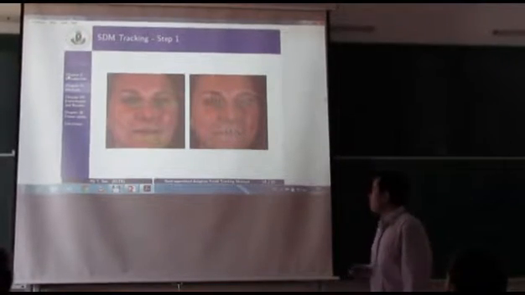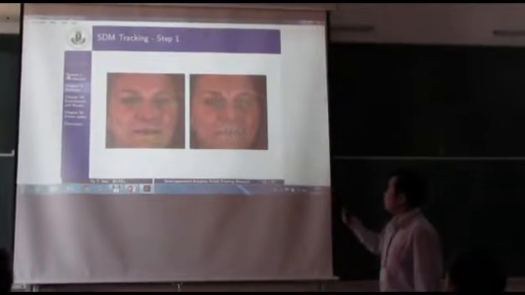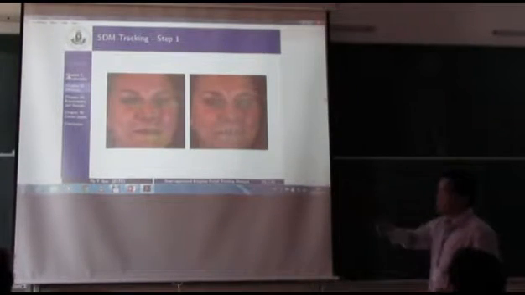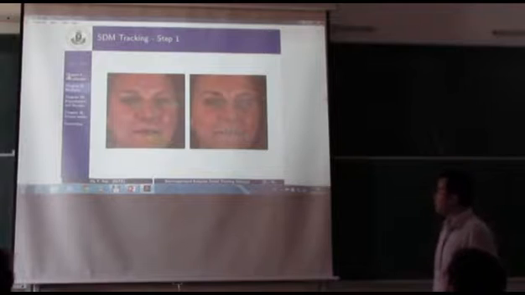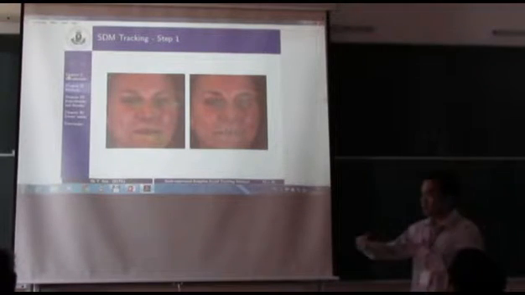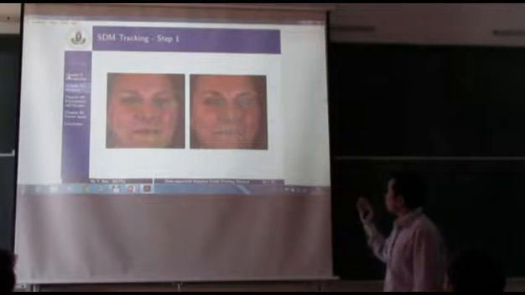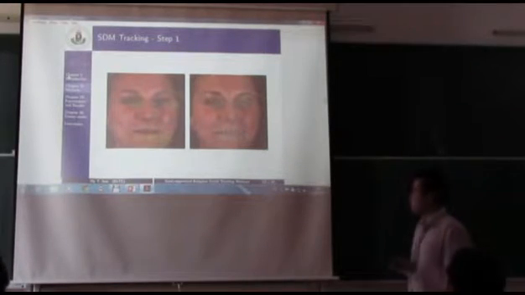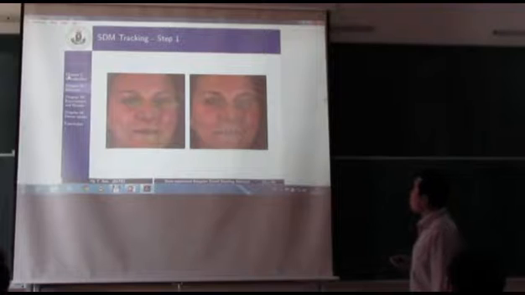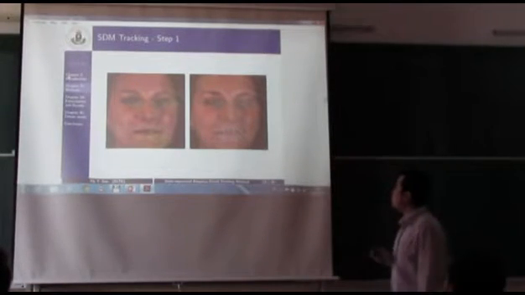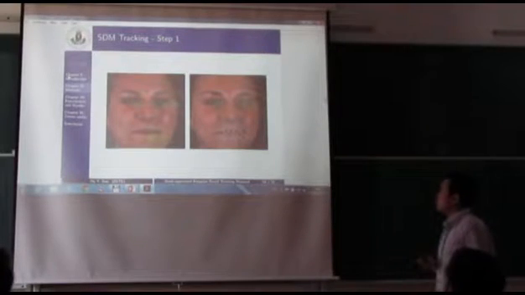SDM tracking: first, we start with the starting landmark. We extract the HOG feature in this landmark, and we apply the linear regressors we trained before to move the landmark to new positions. For example, on the right-hand side, you see that from the green dot, we move to the new position, the red dot.